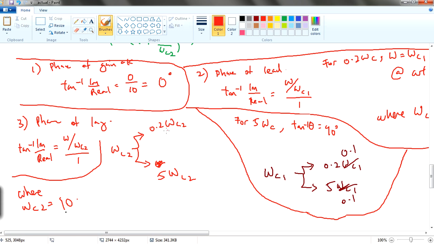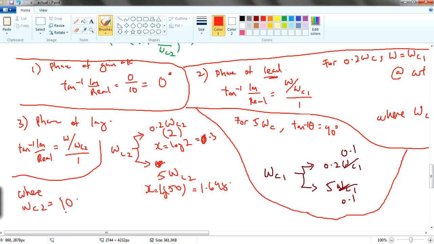So 0.2 times 10 is 2, and 5 times 10 is 50. If I take the log of these, because x equals log omega, I have 0.3 and then 1.698. Every time, the 0.2 point is always either minus 45 or plus 45 degrees.